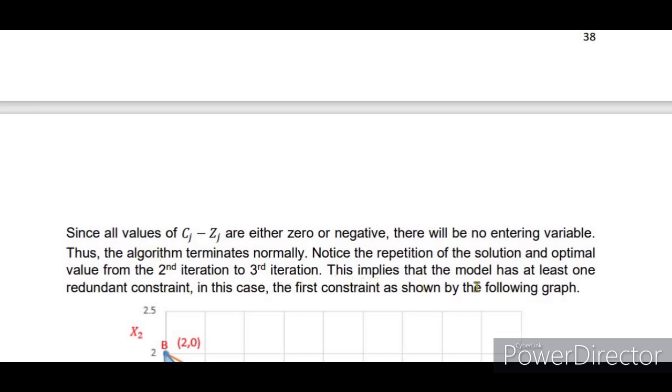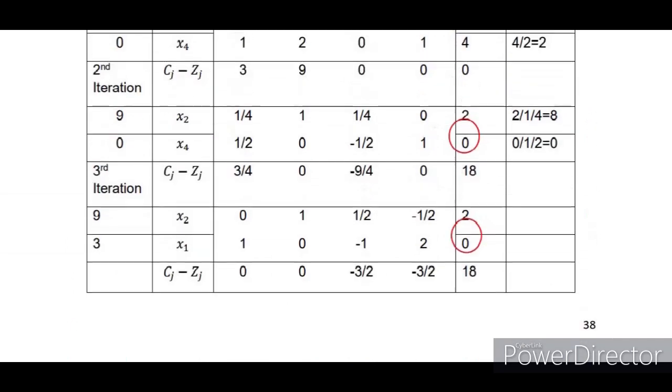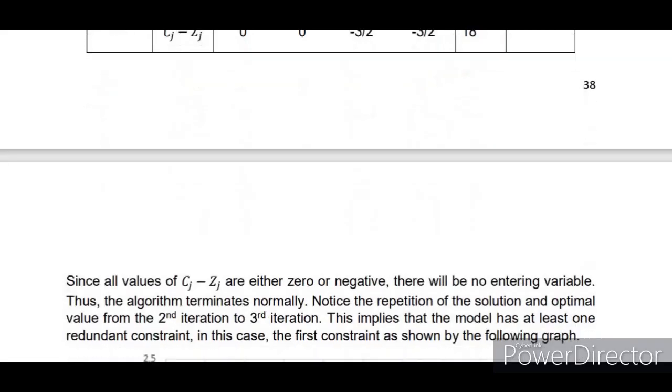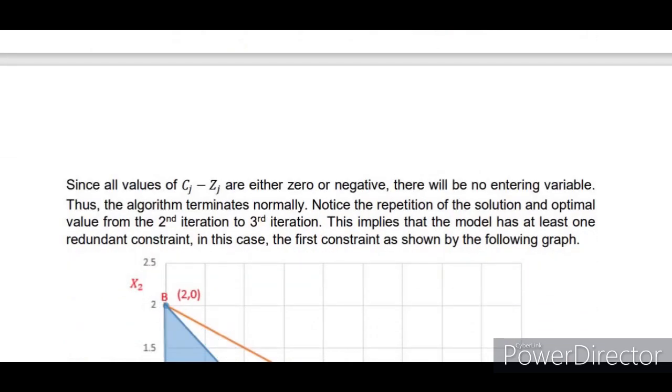Notice the repetition of the solution and the optimal value from the second iteration to the third iteration. So you notice this repetition, okay? So 2 and 0, and 2 and 0, and 18 are repeated, okay? This implies that the model has at least one redundant constraint.